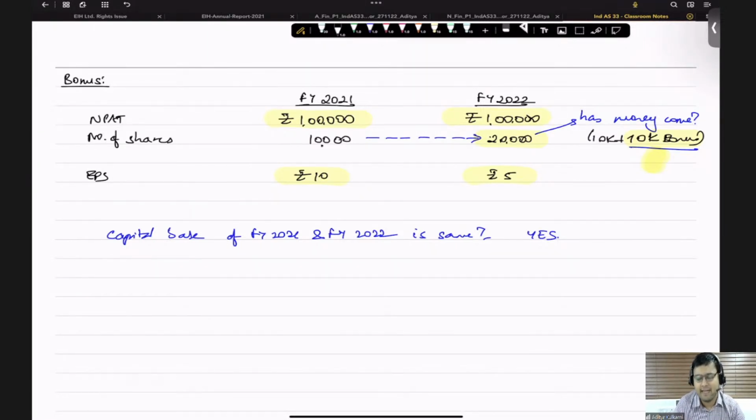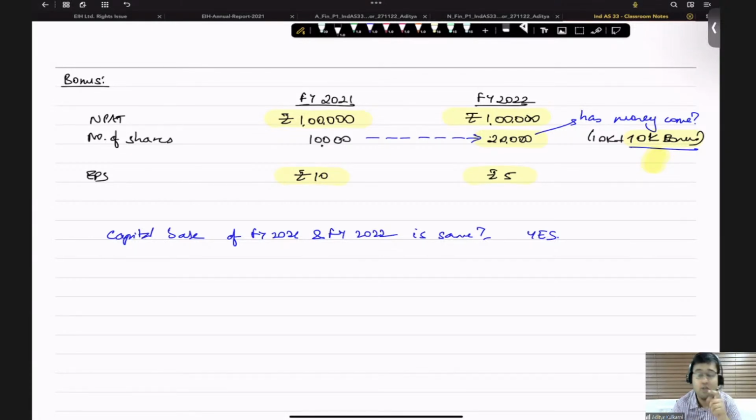So what the standard tells in the case of bonus. अब बात आते हैं standard पे. What the standard tells is, when there is an issue of shares without consideration, at that point of time, you will not only have to consider the bonus shares in the current period when they have been issued, but you will also have to restate the EPS of the prior periods which are forming part of your financial statement.